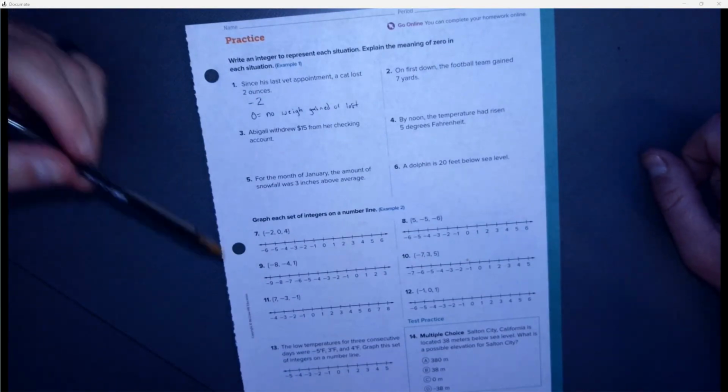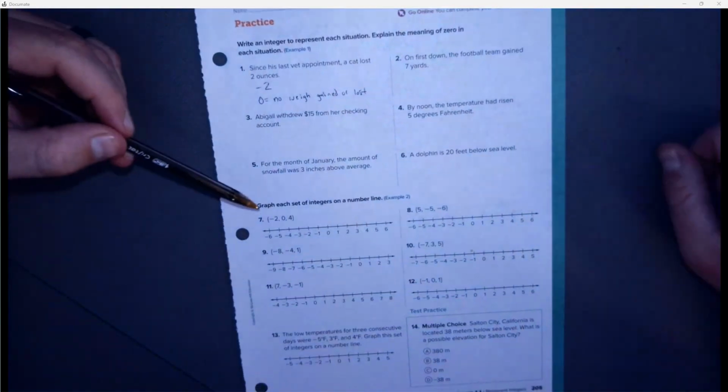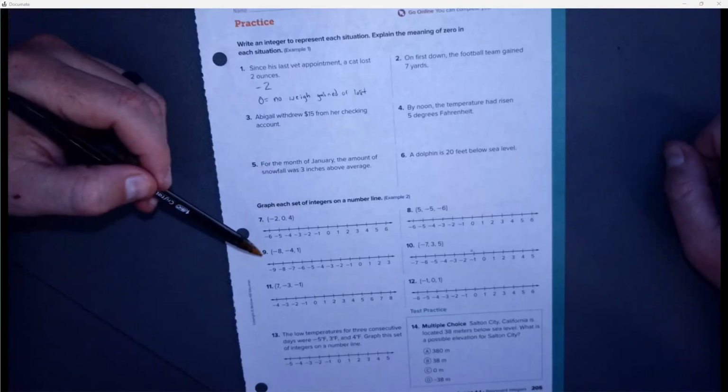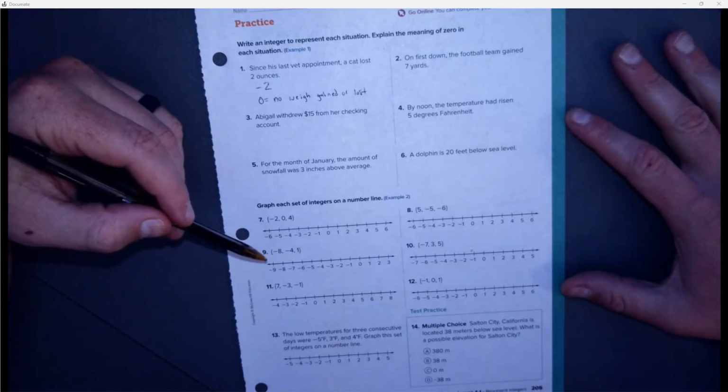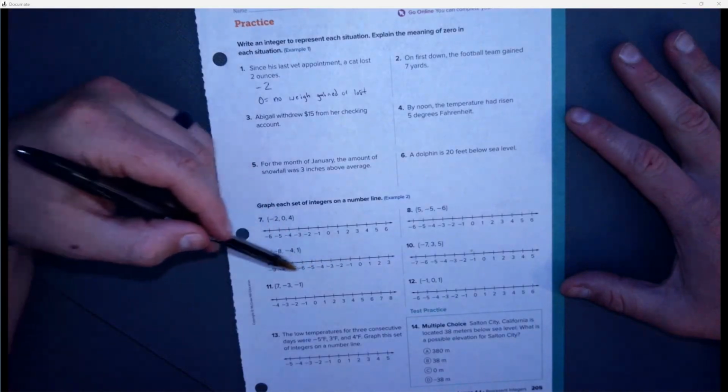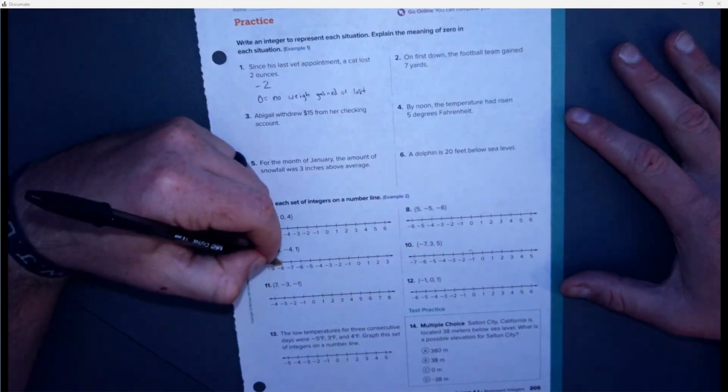Now let's look at number 9. It says graph each set of integers on a number line. 9 has -8, -4, and 1. So -8, we know it's a negative number, so it'll be left of 0. It's right here.